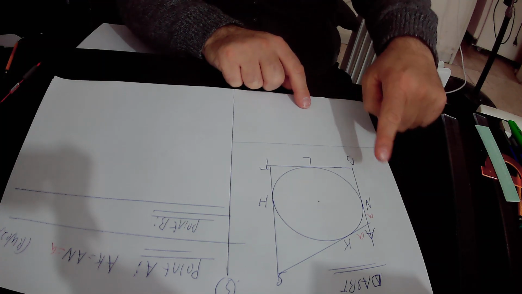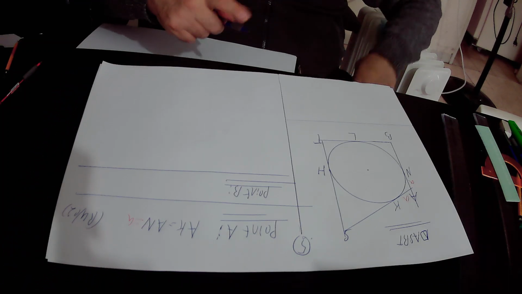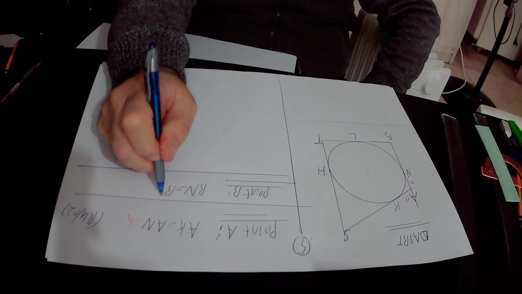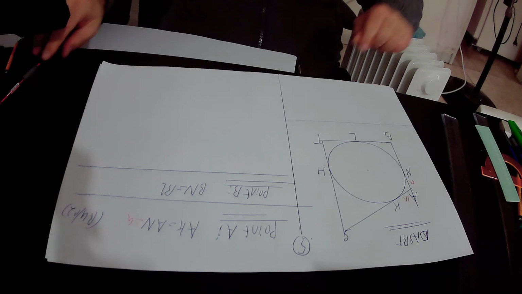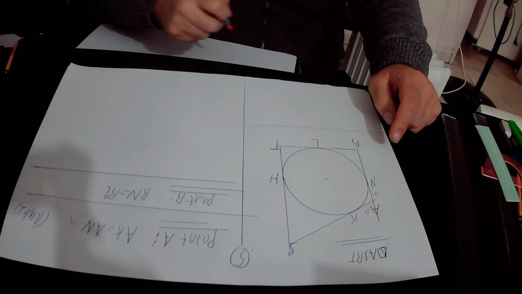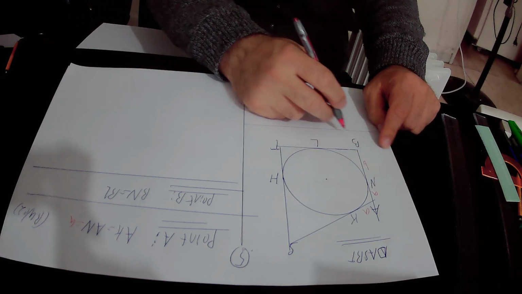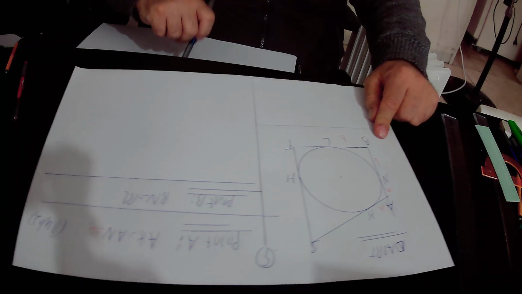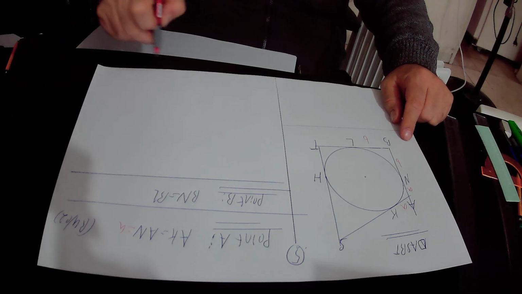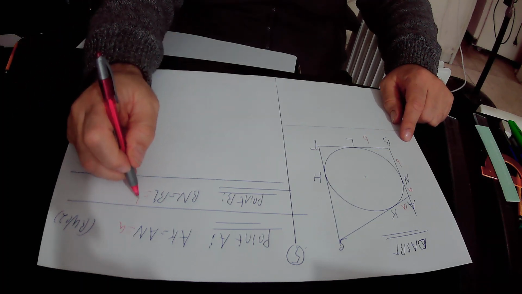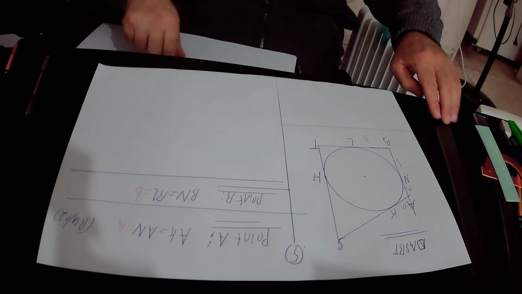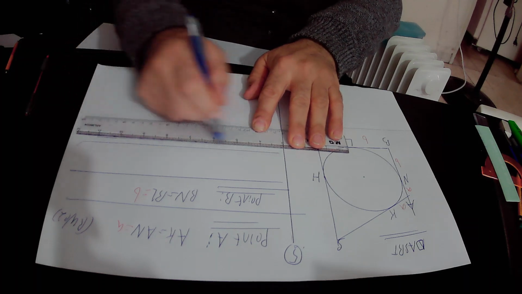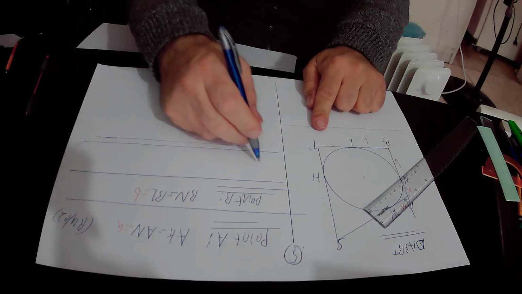So that is to say, BN equals BL. So if we define the length of tangent BN as b, then the length of tangent BL must also be equal to b because they are equal to each other. So we can write down here that BN equals BL equals b. In the next step, we'll focus on the common standpoint, point T.